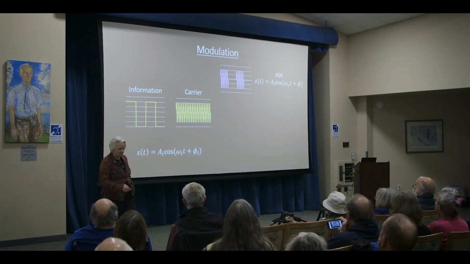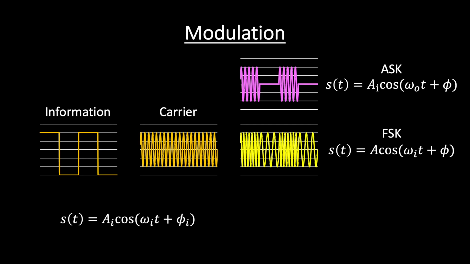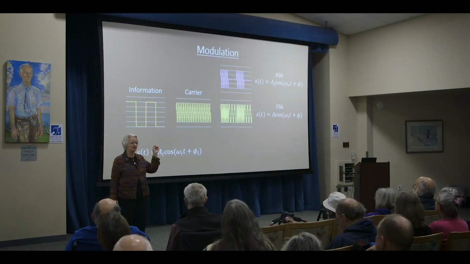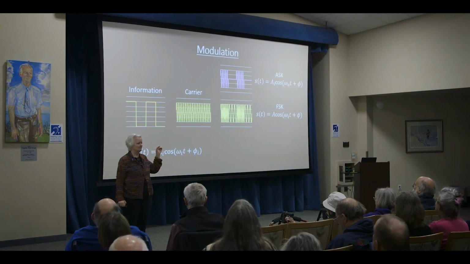I can also do it with frequency. This is called frequency shift keying. So if I'm a 1, I have my carrier frequency, and what I'm doing is a differential away from it. So if I'm a 1, I might add a little bit of frequency, and so I'm a little higher than what my carrier is. And if I'm a 0, I'm going to be a little lower than what the carrier is. But you can still see the 0s and 1s in that signal.